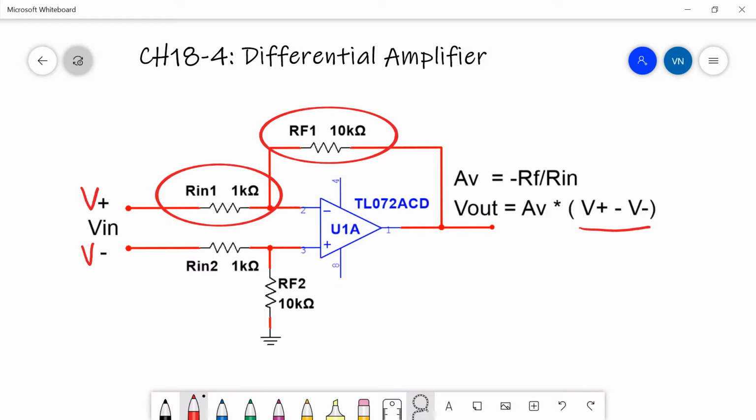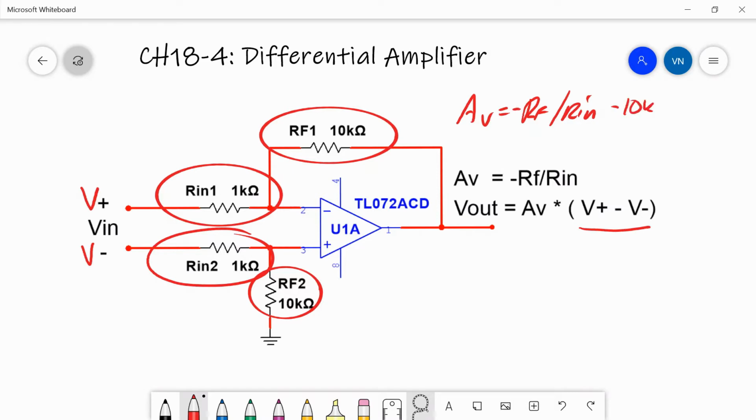Here RF1 is 10K, and this is only going to work if RF2 is also 10K. Rin1 is 1K, and the gain calculation will only work if Rin2 is also 1K. If you have this case, then the gain is minus RF over Rin, which is minus 10K over 1K, which is minus 10 in this circuit.